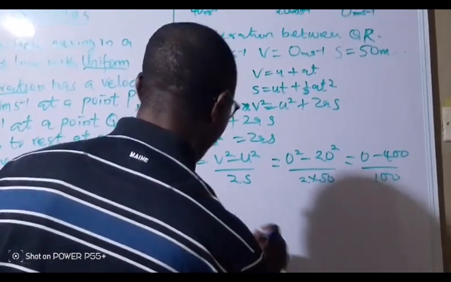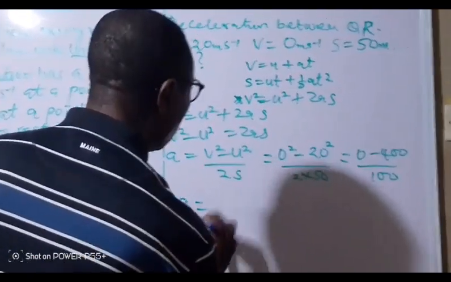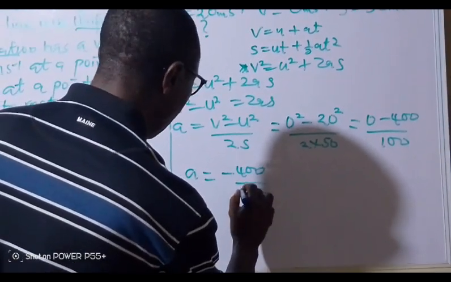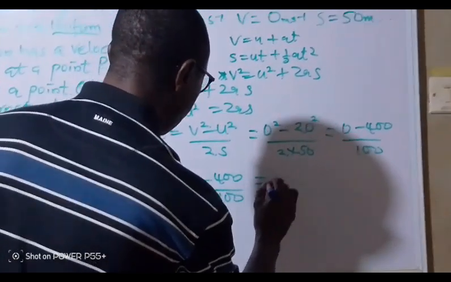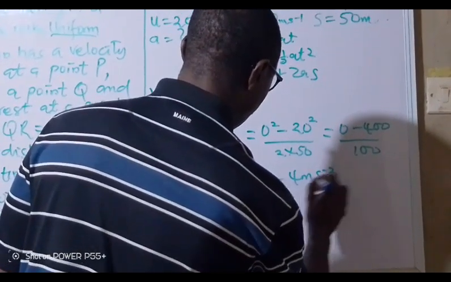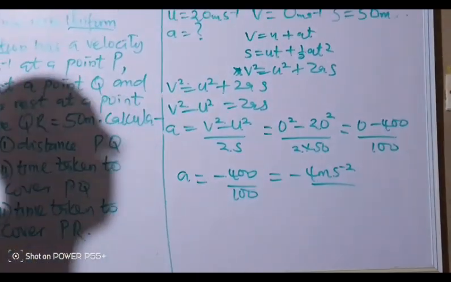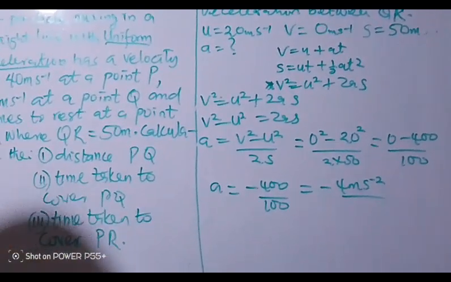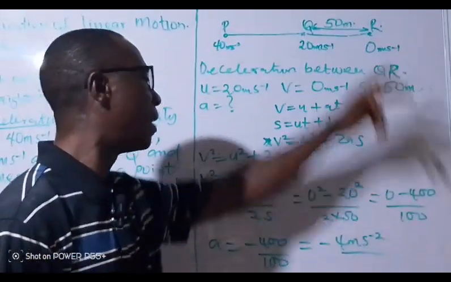So A will be equal to minus 400 over 100. The answer will be minus 4 meters per second squared. That is the deceleration between Q and R.